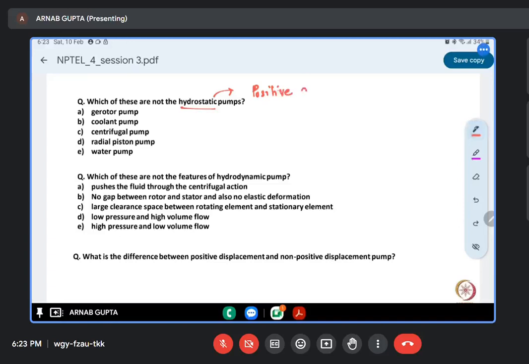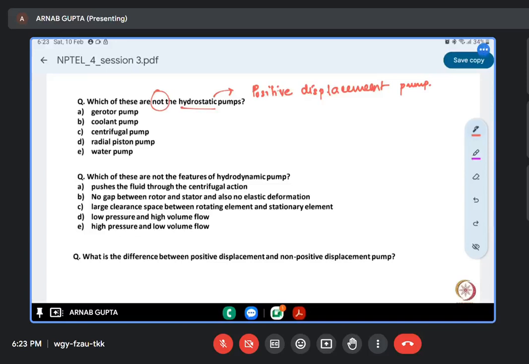So, which of the following are not a positive displacement pump? G-rotor pump. We know it is a generator rotor pump, also known as G-rotor. It's a positive displacement pump.